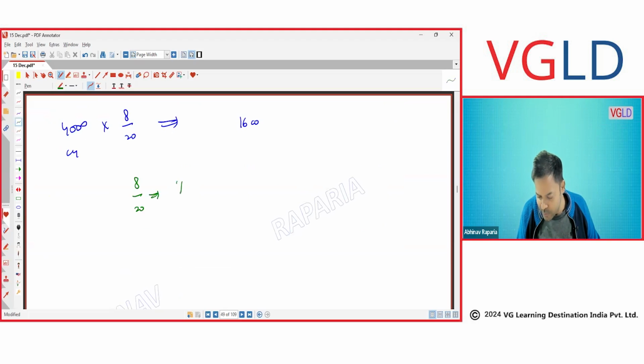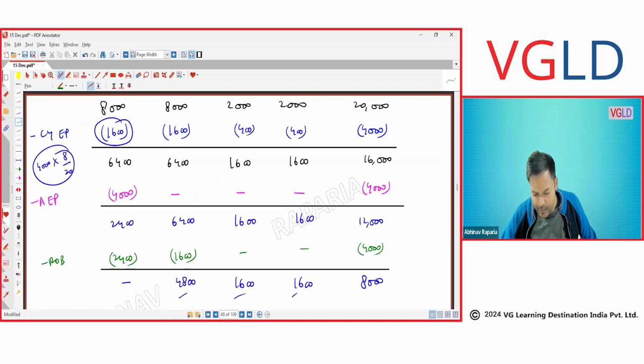Sometimes everyone in the MCQs, you will see that whatever is that 8 by 20, can you please convert them into the percentage and tell me the value? 8 divided by 20, it should be 40%, right? So 40%, 0.4, you can say that. So many a times, maybe in some MCQs, they have converted that entirely into percentage.